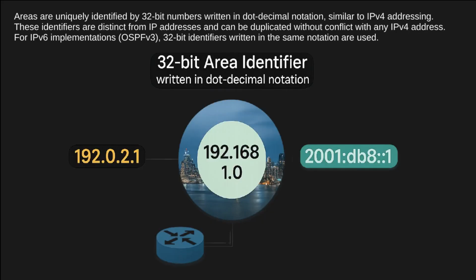Areas are uniquely identified by 32-bit numbers written in dot decimal notation, similar to IPv4 addressing. These identifiers are distinct from IP addresses and can be duplicated without conflict with any IPv4 address. For IPv6 implementations, OSPF v3, 32-bit identifiers written in the same notation are used.